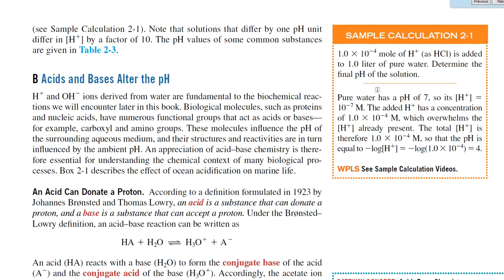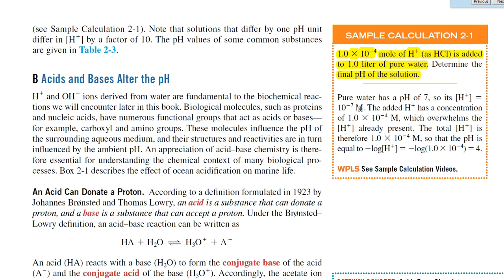Then another very simple calculation. It says that 1 times 10 to the power minus 4 mole of H plus as HCl is added to 1 liter of pure water. Determine the final pH of the solution. If you add any solution, maybe H plus or OH, to pure water, what will be the pH? Pure water pH is 7, we all know. If we add acidic molecules, it will become acidic.